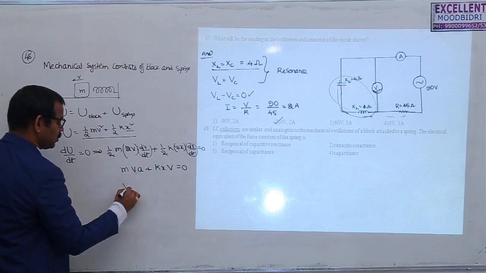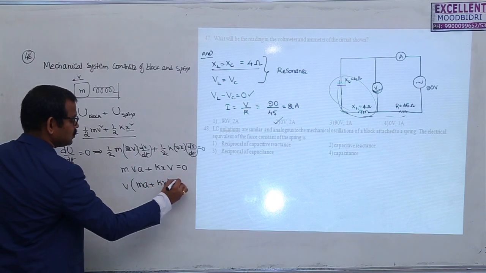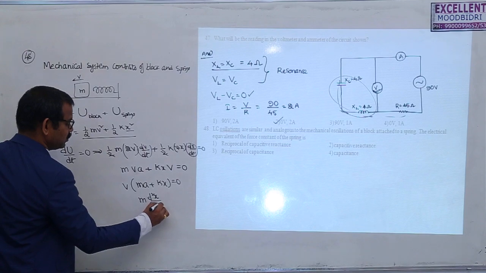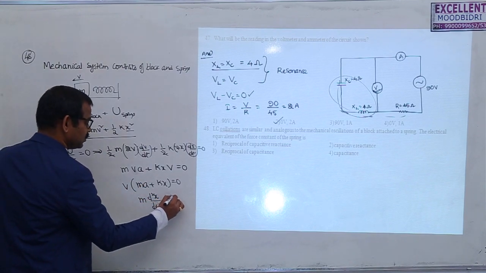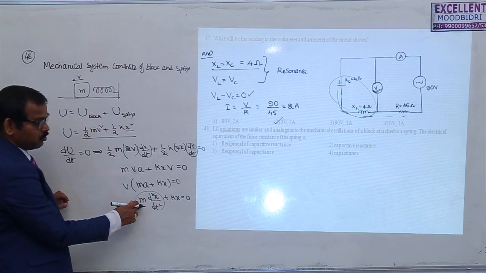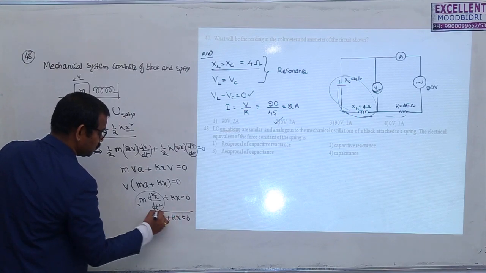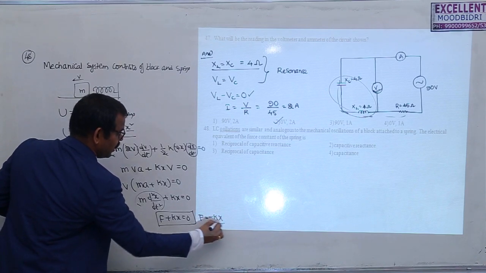Taking v common, this becomes ma plus kx is equal to 0, that is m into d square x by dt square, because the second derivative of displacement is acceleration, plus kx is equal to 0. This is nothing but force, F is equal to ma. So we can write F plus kx is equal to 0, or simply F is equal to minus kx.